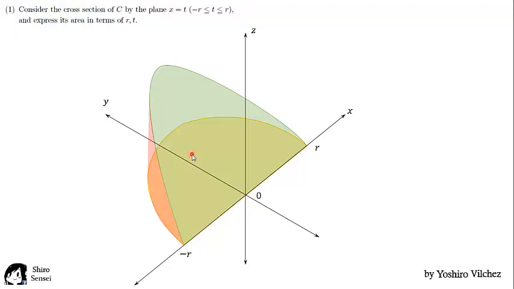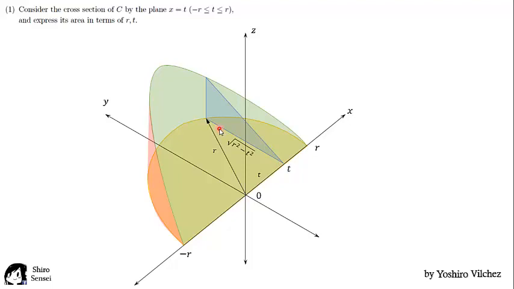Question 1. Consider the cross-section of C by the plane x equal to t, where t is between minus r and r, and express its area in terms of r and t. So the plane x equal to t is perpendicular to the x-axis and parallel to both the y-axis and z-axis. Then the cross-section will be this right triangle. This segment is t, we draw the radius, and by Pythagoras theorem, the length of this segment is square root of r squared minus t squared.